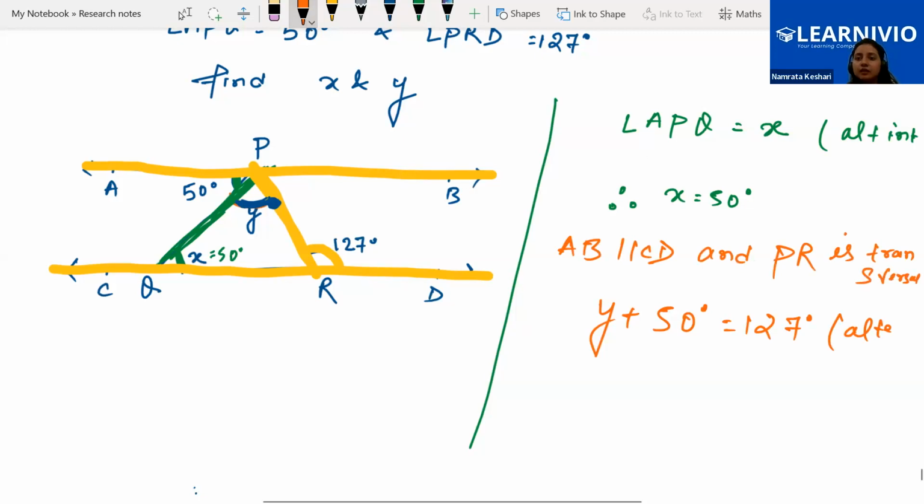Okay. Are you getting it? Everyone getting it? In the first case, we will be writing AB and CD are parallel. Just a second.